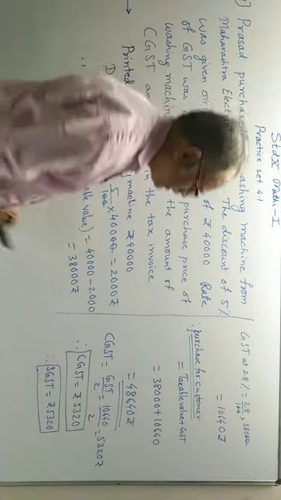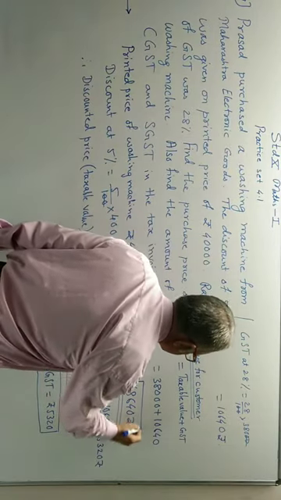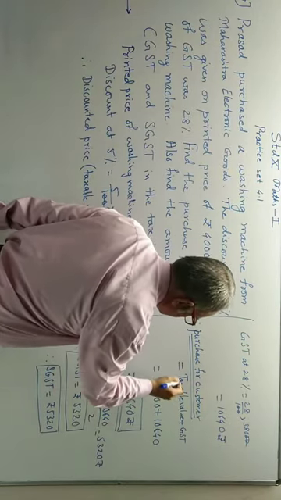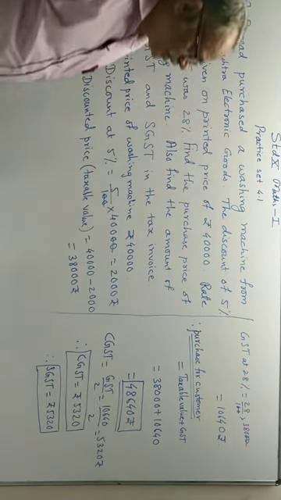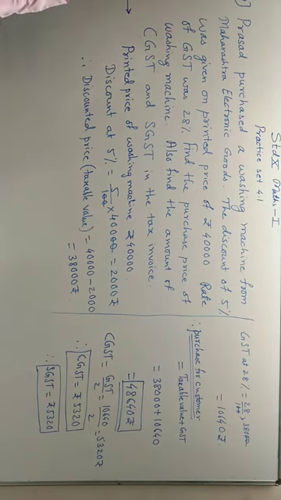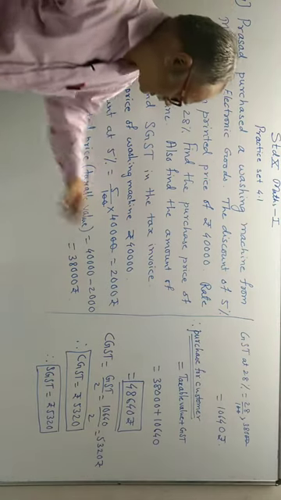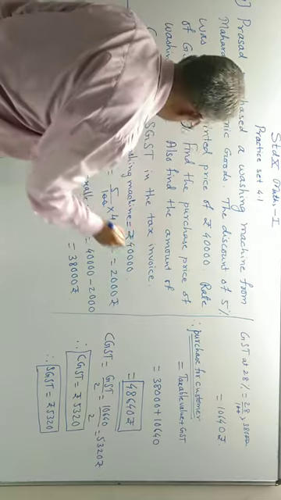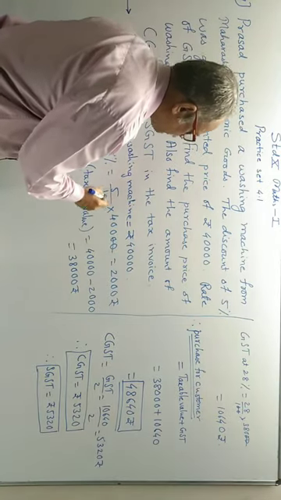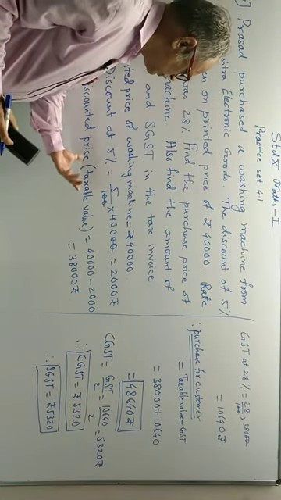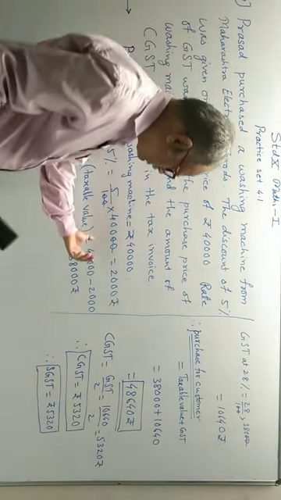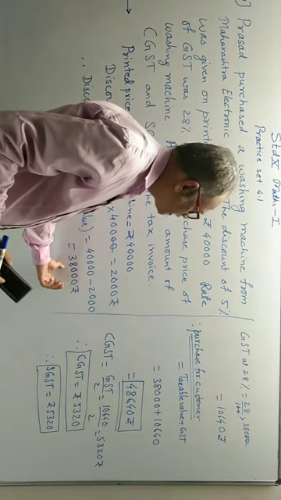So we have calculated 3 answers. Purchase price for the customer of that washing machine is 48,640, CGST 5320, SGST 5320. First we have written printed price equal to rupees 40,000. Discount at 5%, 5% of 40,000, is 2,000. So taxable value after reducing the discount is 40,000 minus 2,000, 38,000.